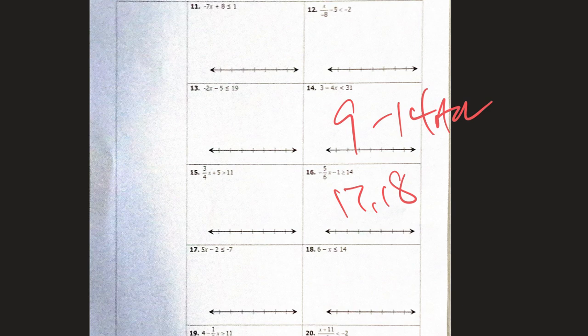So 2 to 8 even, 9 to 14 all, 17 and 18. I think those will keep you in the realm of what we looked at example-wise.